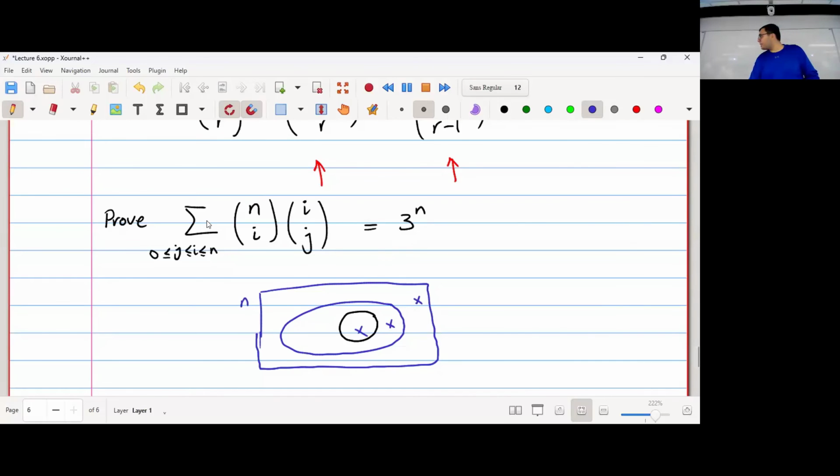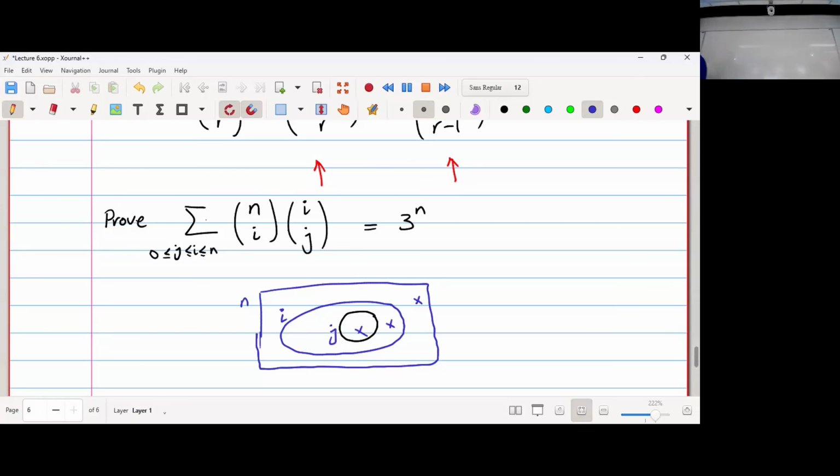How do I get this sum on the other side? Well, suppose that n is the number of students overall. Let's say the number of students who get A is i, and the number of students who get A+ is j.